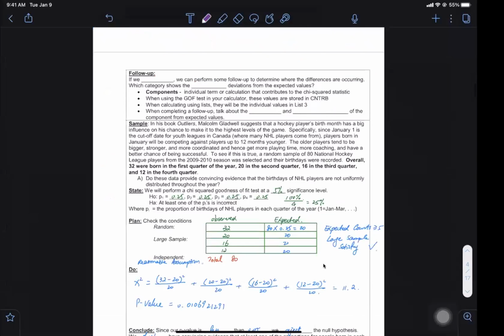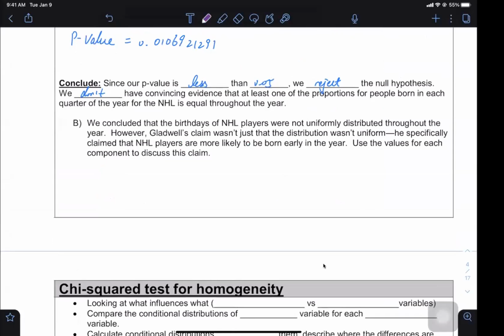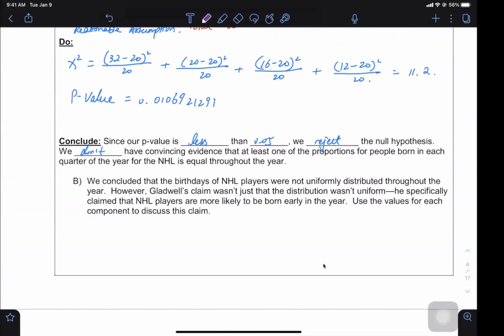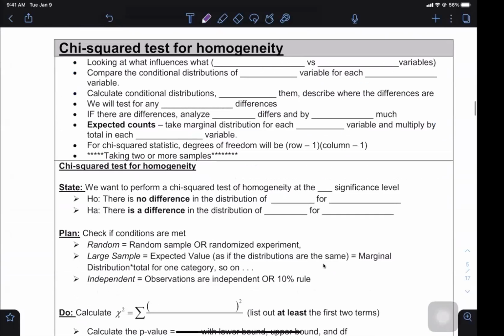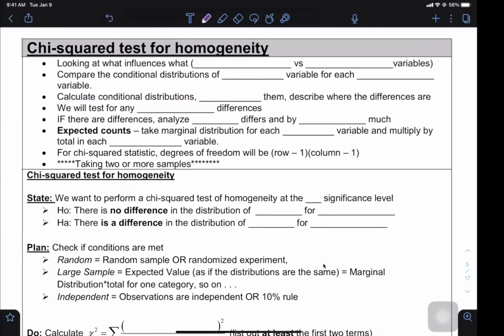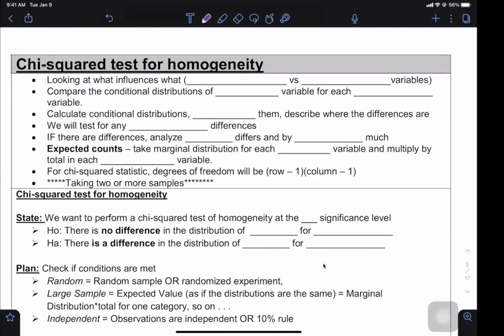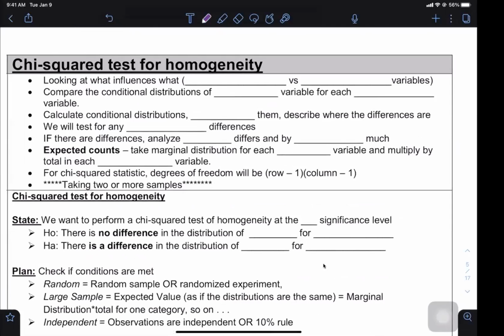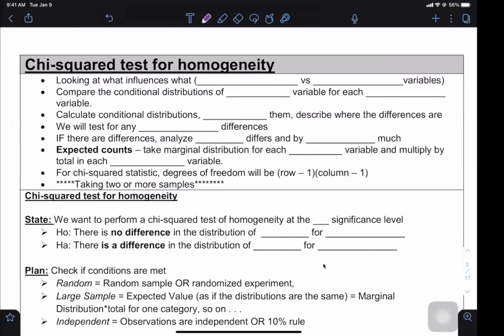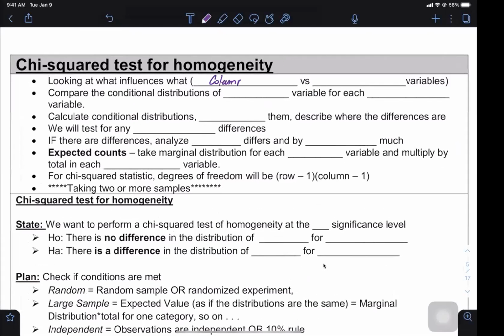Okay, now let's go continuous. Next one, the chi-square test for homogeneity. For the chi-square test for homogeneity, we're looking at what influence the column variables have versus the row variables.